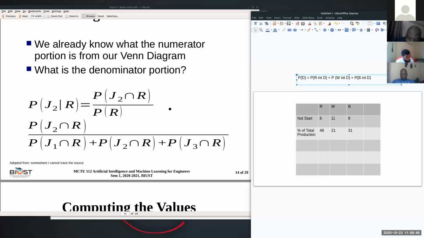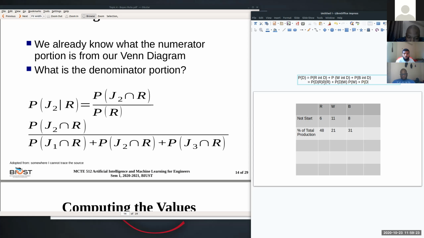Now we don't even look at the other equation. We know that we can write these intersections. Then we just say this is equal to the probability of defective given the red line times the probability of the red line, plus the probability of defective given white times the probability of white, plus the probability of defective given blue times the probability of blue.